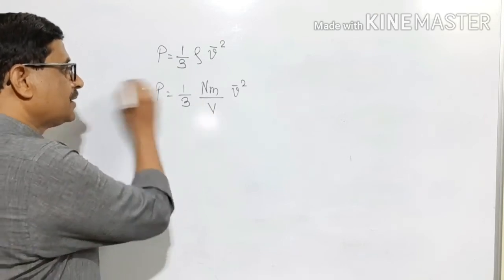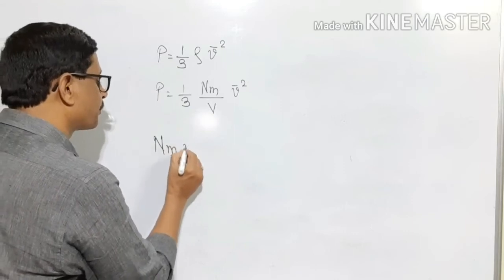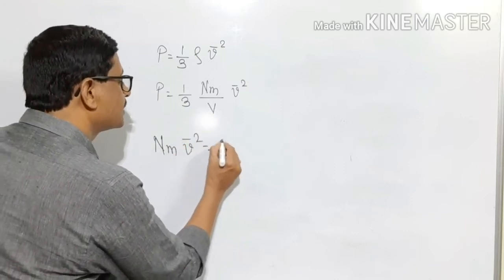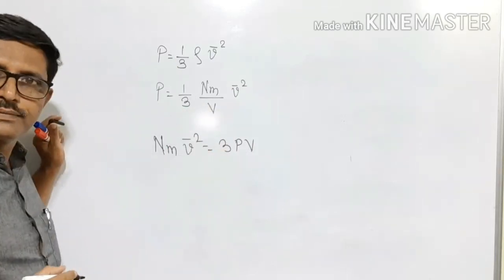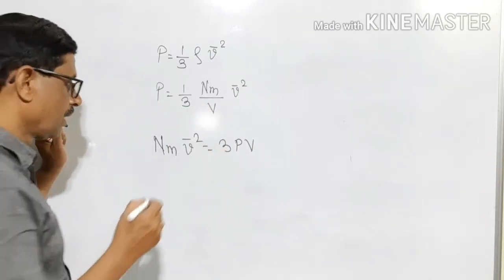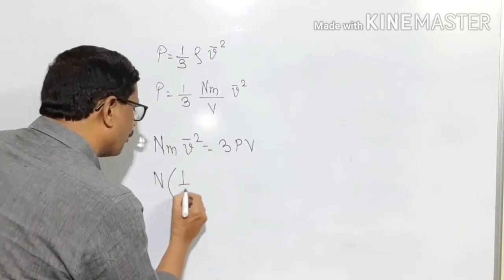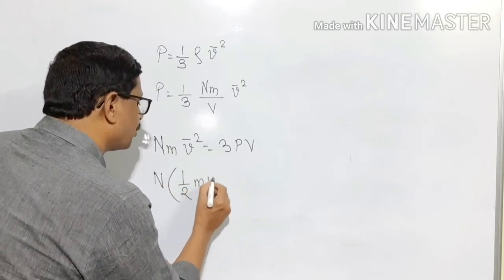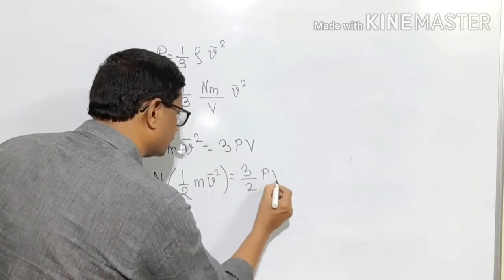We will write this equation as Nm into V bar square is equal to 3P into V. Now, for the sake of convenience, I will write N into 1 by 2 m into V bar square is equal to 3 by 2 PV.